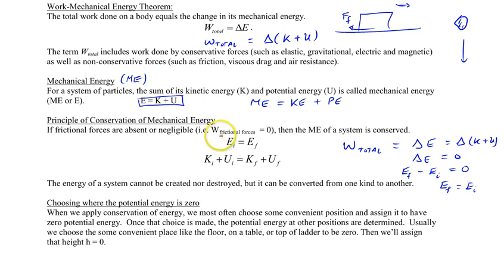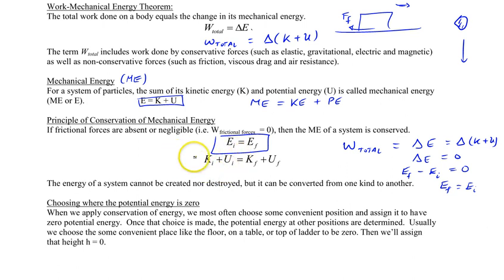So this statement, when you write that down, you're essentially saying that if you have a system of just conservative forces, then the total energy initially of the system is equal to the total energy afterwards when it goes through, say, some process. So the sum of those energies, which is kinetic and potential, stays constant.